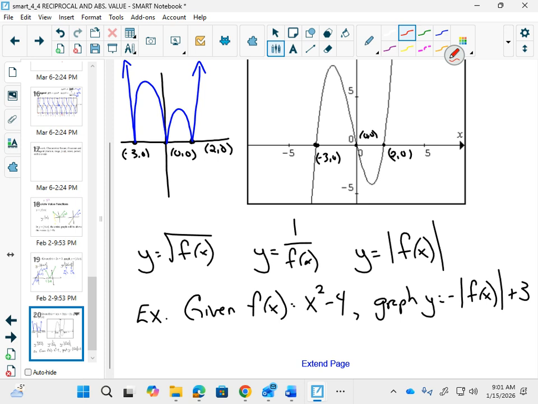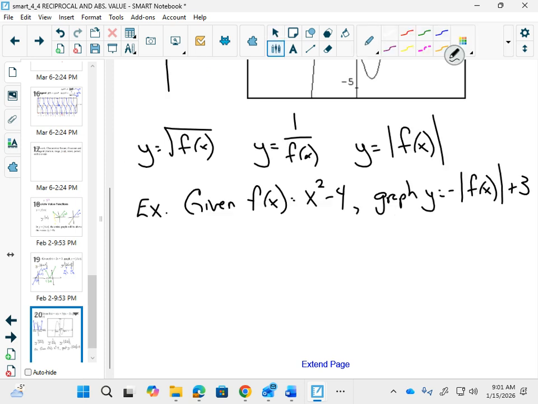So first of all, just to visualize this: f of x, x squared minus 4. I'm going to graph that and label all x-intercepts and y-intercepts. That's y equals x squared minus 4.